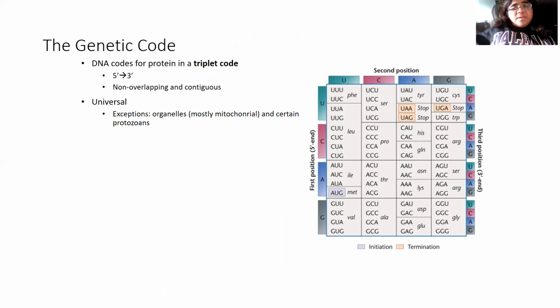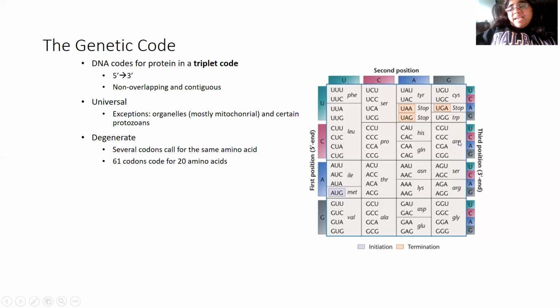It's universal, with the exceptions of organelles, mostly mitochondria, and certain protozoans. This genetic code itself is degenerate, which means that several codons call for the same amino acid, and 61 codons actually code for 20 of these amino acids.